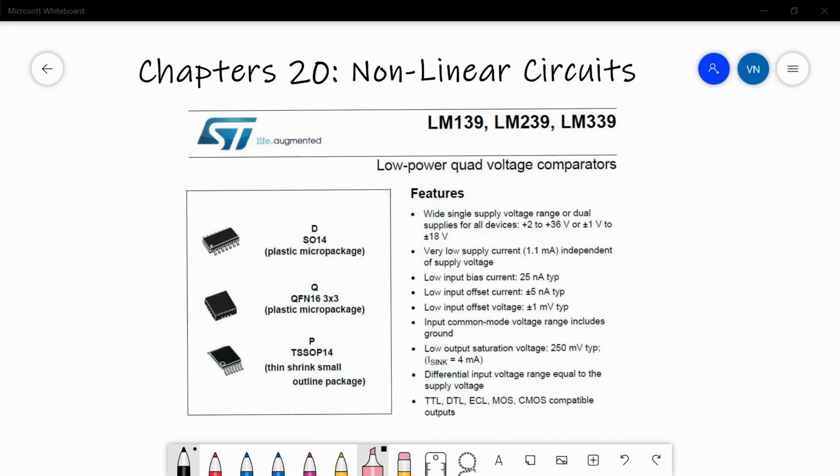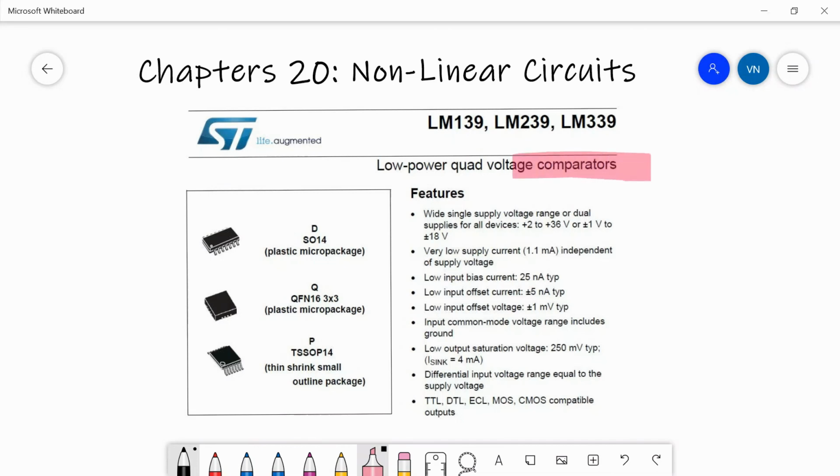There's a special type of op-amp which is designed and sold as something called a comparator. So if you're going to do a search on DigiKey, to find these you would search for comparators and not just op-amps. And the LM339 family is a good example of those. They can be used in a single supply or a split supply operation, and they will convert a wide range of input voltages to a smaller range.